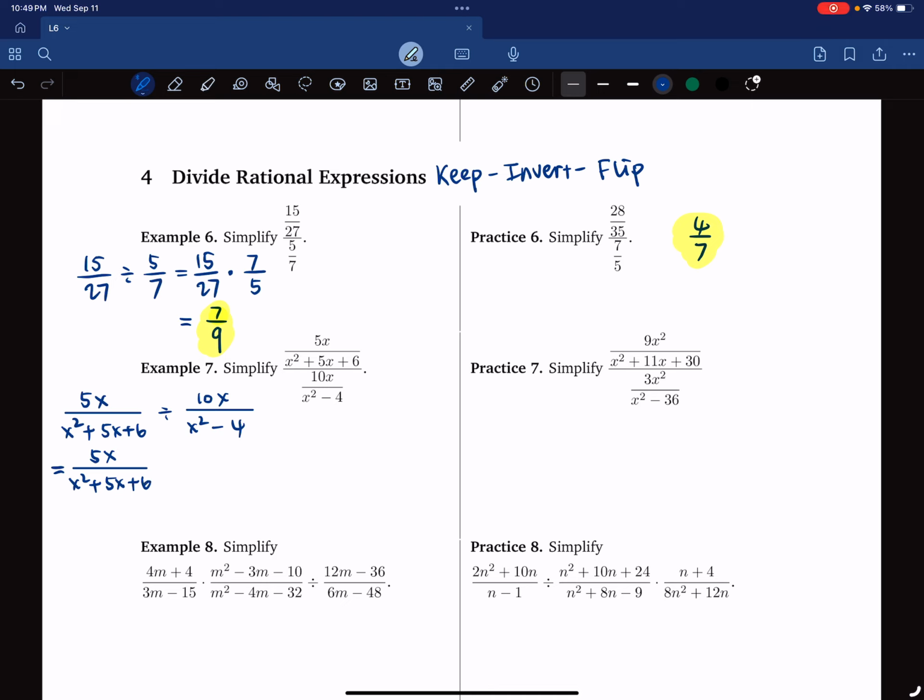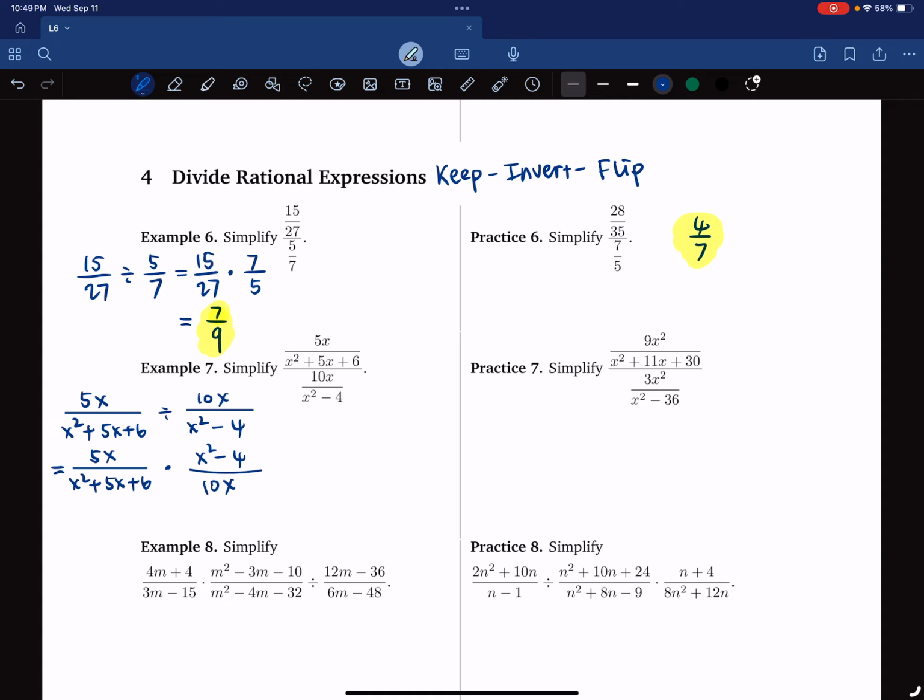Invert the operation from division to multiplication. And we're going to flip the second fraction upside down. And does this look familiar? Yes. So this is again converting the division of fractions to multiplication of fractions.